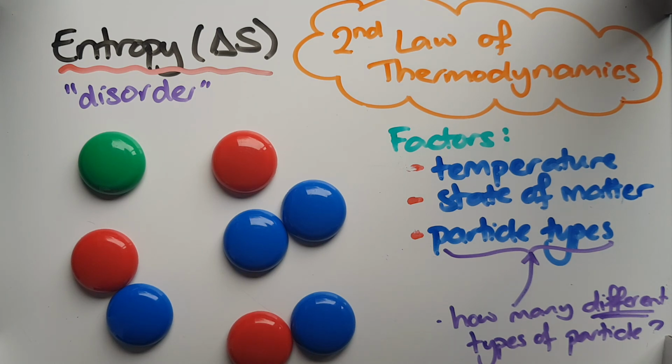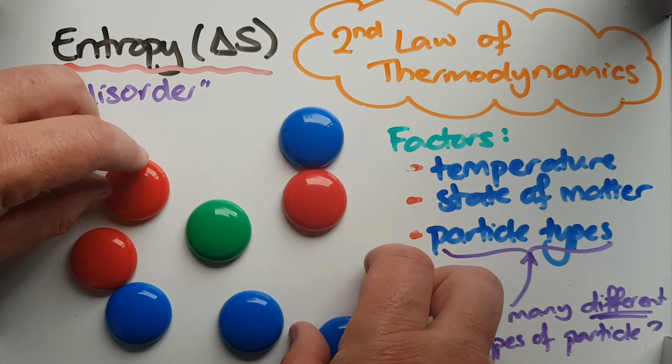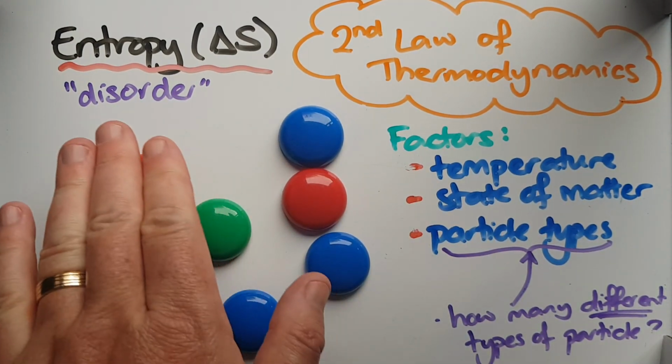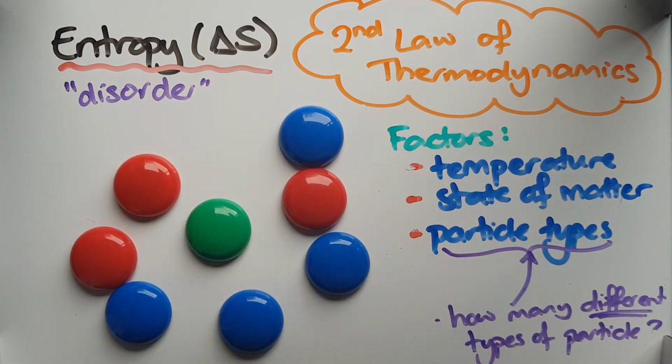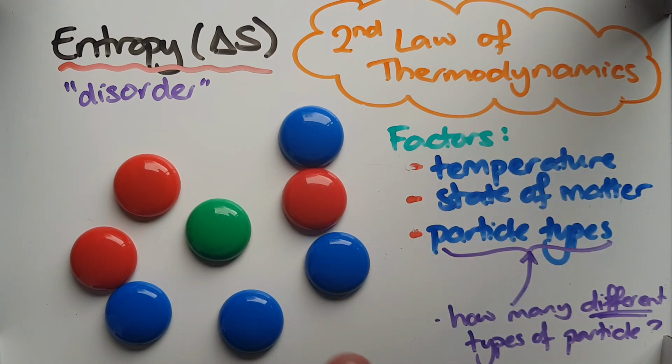So doing things like dissolving in a solvent really dramatically increases entropy as well, because there are more possible ways the particles could be arranged, and all those permutations or possibilities increase our entropy, so give us a positive delta S value. And as I say, this is what the second law of thermodynamics is basically saying, that this would be more stable because it has got more disorder.